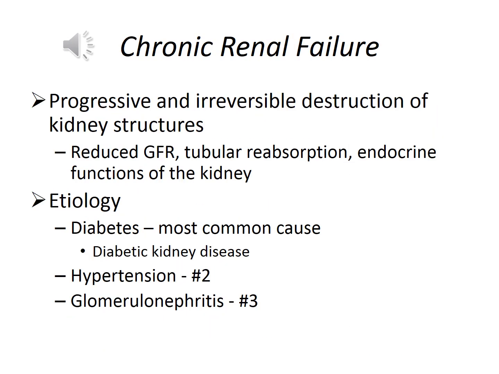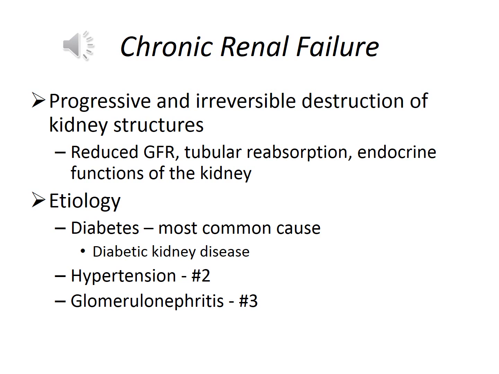All right, so that was acute renal failure. Now in chronic renal failure, this is really something that comes on much slower over a period of time. So it's really what we consider a progressive disease, and because it's progressing slowly, the nephrons are actually being replaced by scar tissue slowly as well, and so it's an irreversible destruction of our nephrons, our kidney structure.